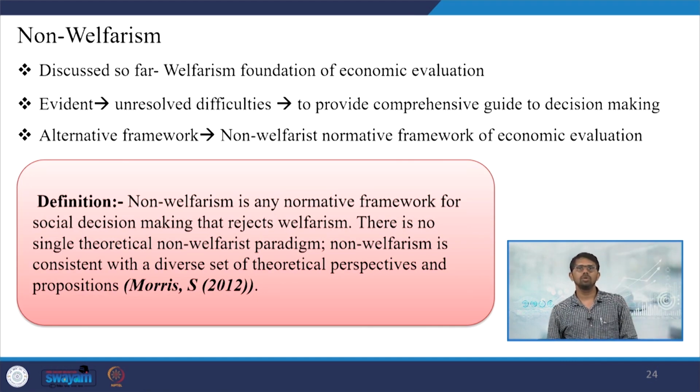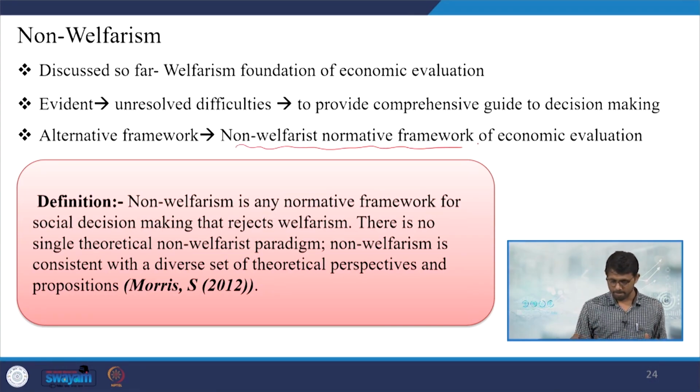Now coming to the issue of non-welfarism, which we have mentioned and promised to explain. So the discussion so far is all about welfarist foundations of economic evaluation, and it is evident that to provide a comprehensive guide to decision making is really difficult. Hence an alternative framework, that is the non-welfarist or normative framework of economic evaluation, is also required.